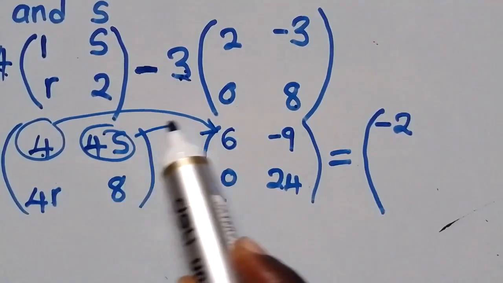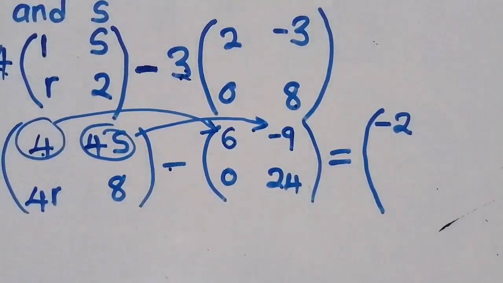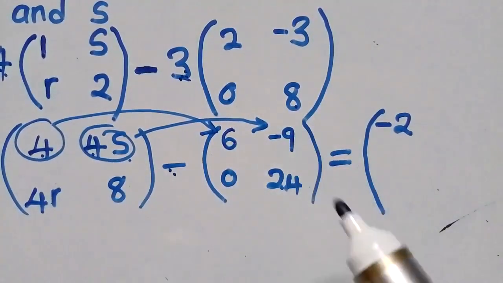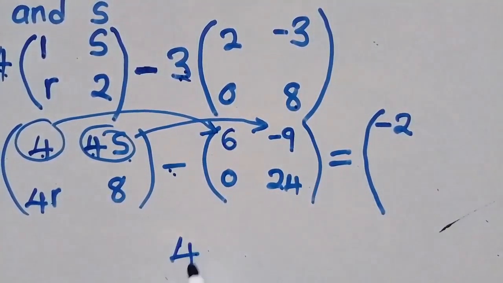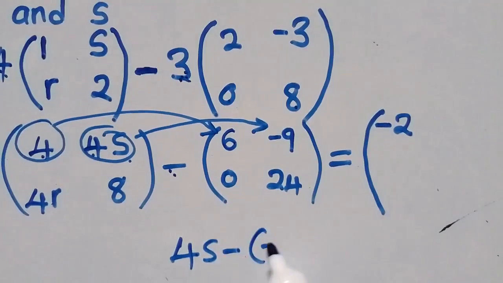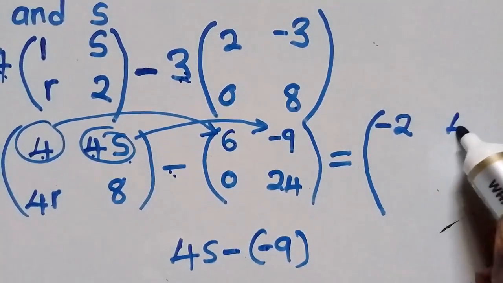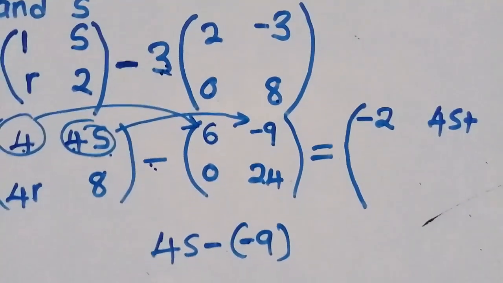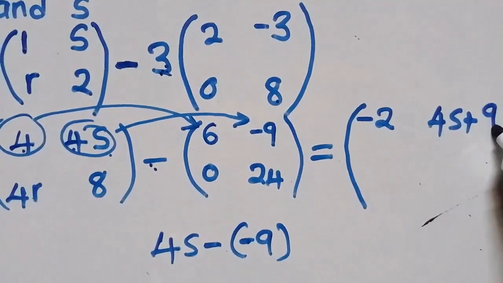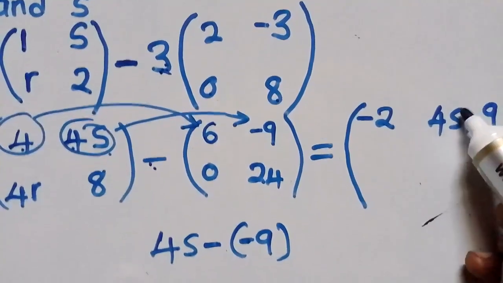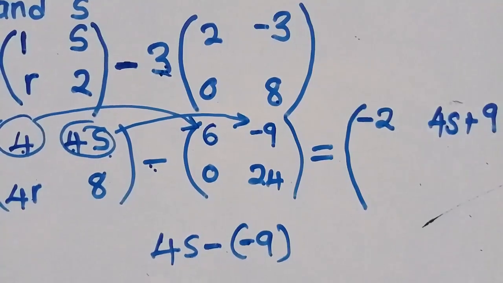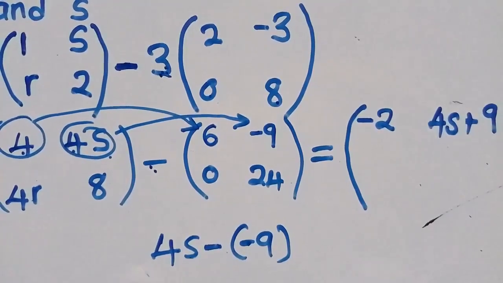So 4s minus negative 9, what are you going to get? Negative, it's positive. So it's just 4s plus 9. This is not 45, it's 4s plus 9.